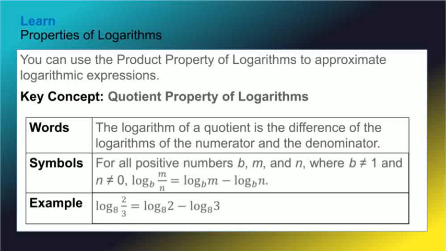So when you're expanding it, it's subtraction. Just like with dividing like bases, you would subtract the exponents. You do the same thing with logarithms. So log base 8 of 2/3 would be log base 8 of 2 minus log base 8 of 3.